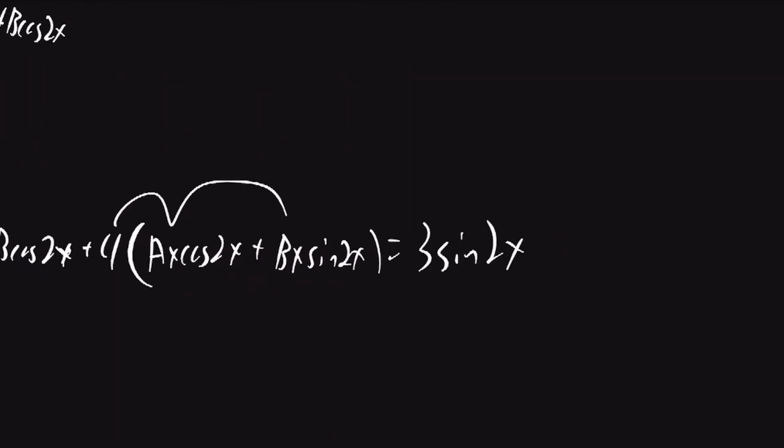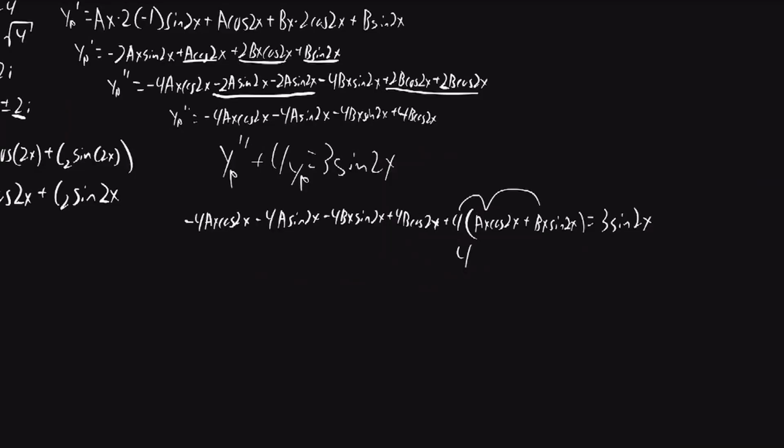We can distribute this 4. It'll be 4ax cosine 2x plus 4bx sine of 2x. We have a negative 4ax cosine 2x, so that'll cancel with the second 4ax cosine 2x. We also have a negative 4bx sine 2x. That will also cancel.